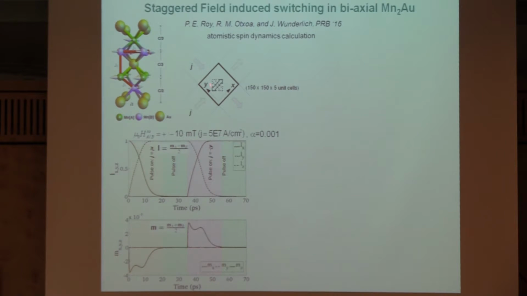And if you now use a micromagnetic, or actually an atomistic spin dynamics calculation, in such a square of 150 times 150 times 5 unit cells, one can see that if one applies a current along one particular direction, say your L vector is along x and the current is along x, you switch it after a very, very short time towards y.